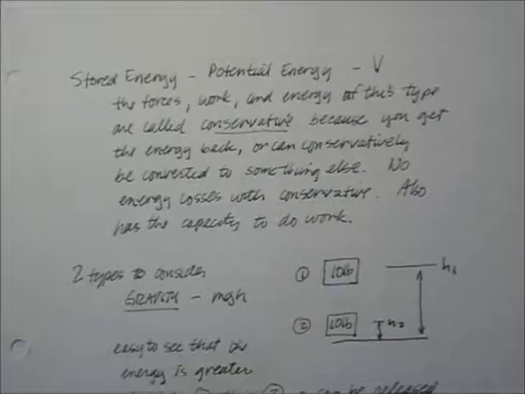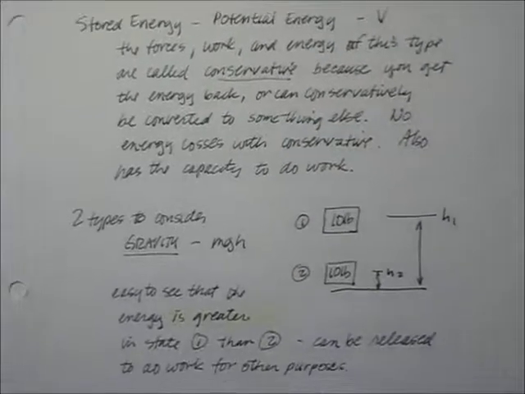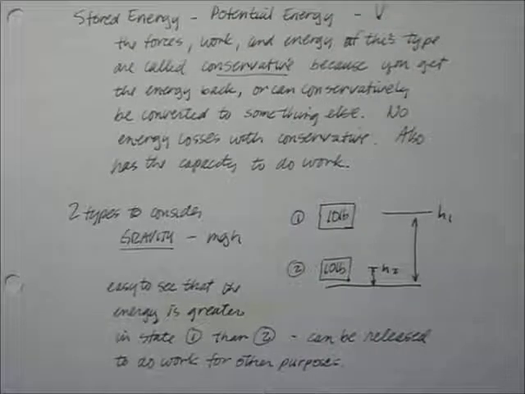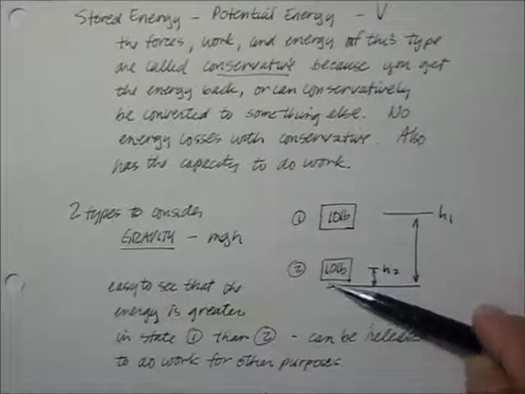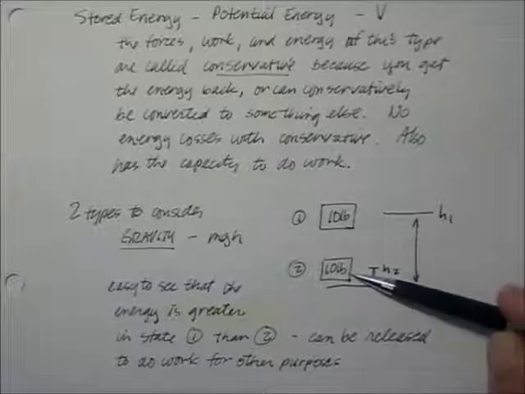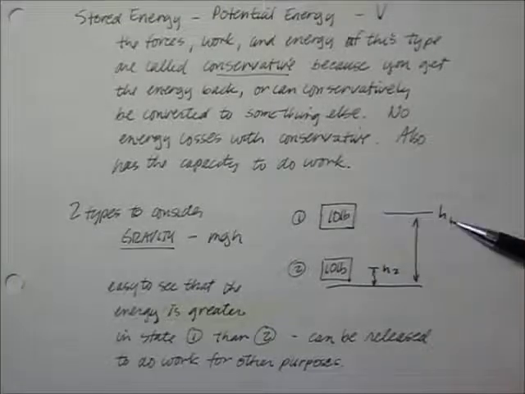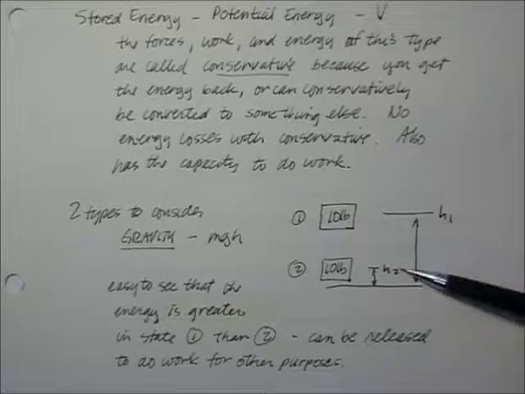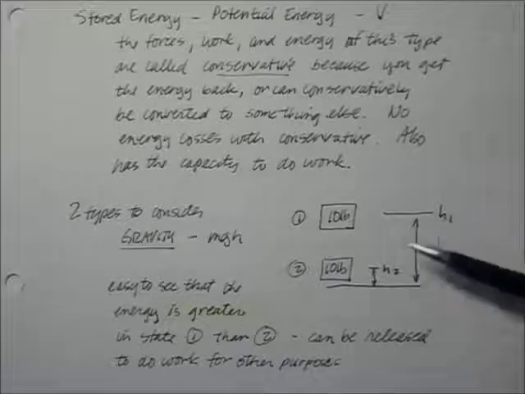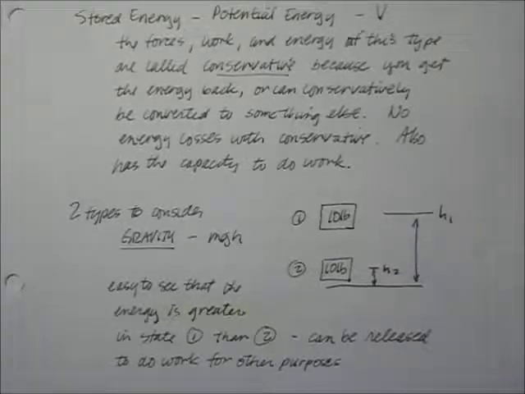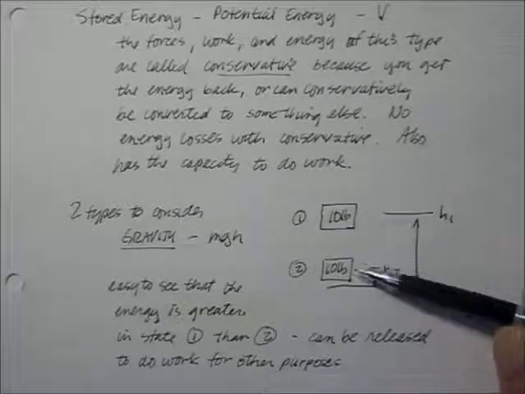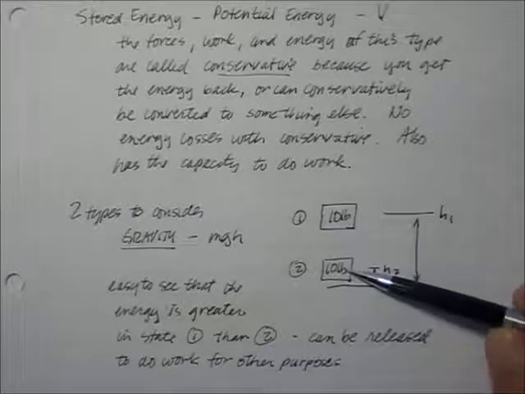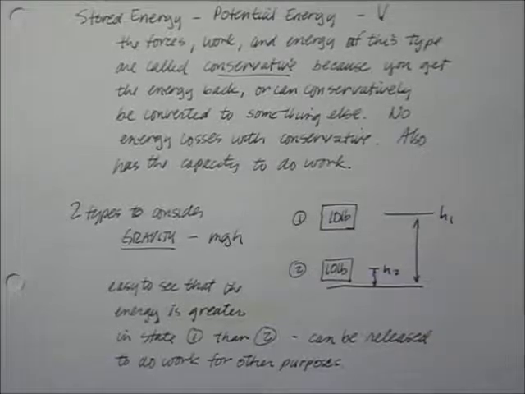So the first type of conservative change of energy we want to consider is gravity. Let's suggest that you have a box that weighs 10 pounds and it's sitting on the table. Now we raise it up to a different height. You can see that we have changed the potential energy. Again, this should be a review from physics, but the change in potential energy is mg, which is 10 pounds, times the height, mgh.